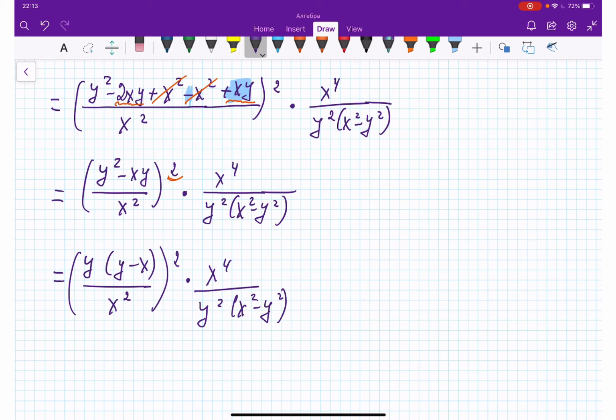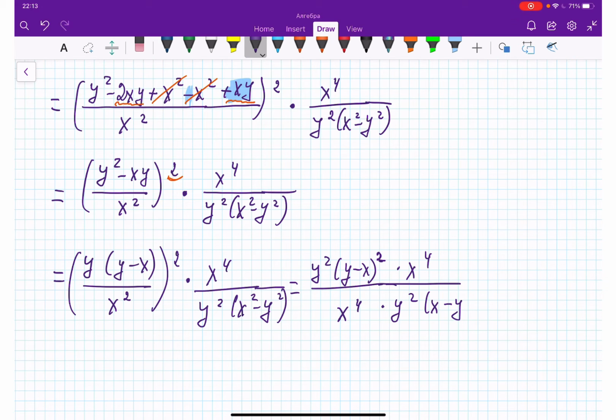Now I can write down, opening parentheses: y squared times (y minus x) squared over x to the 4, and multiplying, this is going to be x to the 4 times y squared, and (x squared minus y squared), I'm opening it as (x minus y)(x plus y).